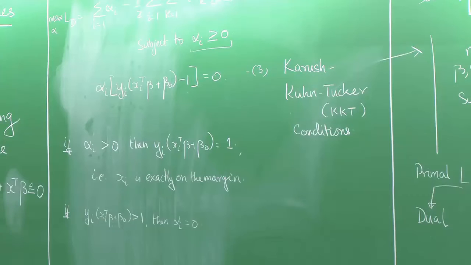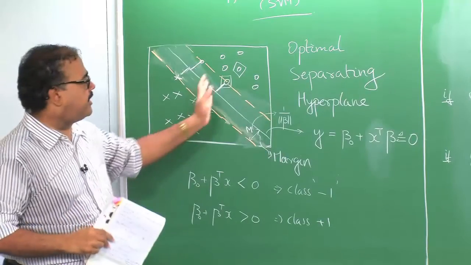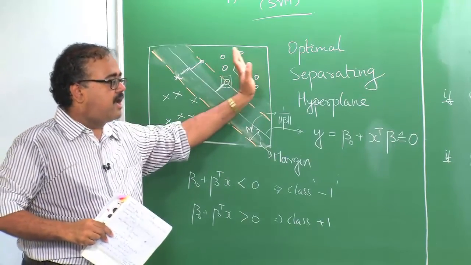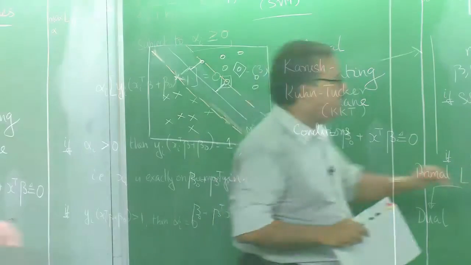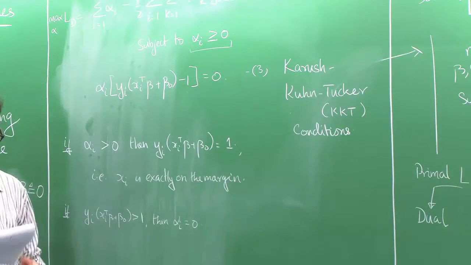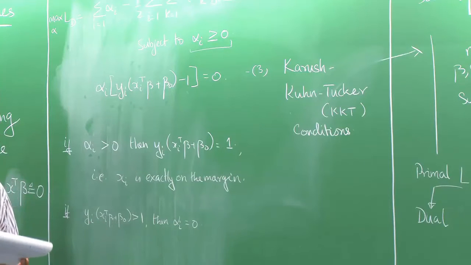That essentially means that if your data point is far away from the hyperplane, more than the margin away from the hyperplane, then the corresponding alpha i will become 0.